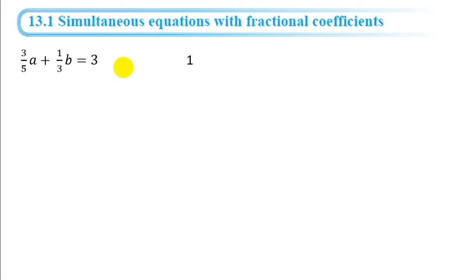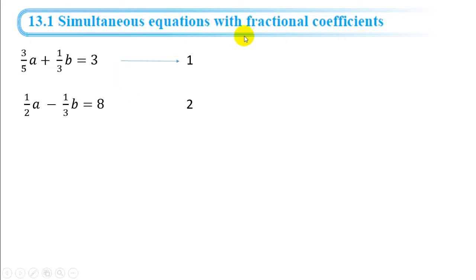I'll take the very first question, that is 3 over 5a plus 1 over 3b equals 3. That is my first equation. And my second equation is 1 over 2a minus 1 over 3b equals 8.